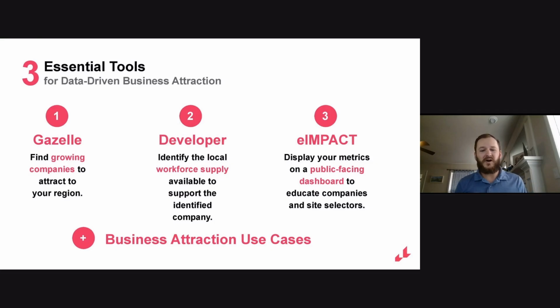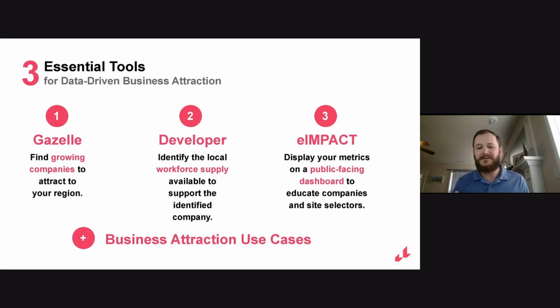These three tools all serve different use cases in business attraction, but we can really start to pull from each one to help us with these different sections of business attraction. As you guys are probably familiar, there are different types of business attraction. We can talk about proactive business attraction, actually going out, targeting these companies and trying to convince them to expand into your region.